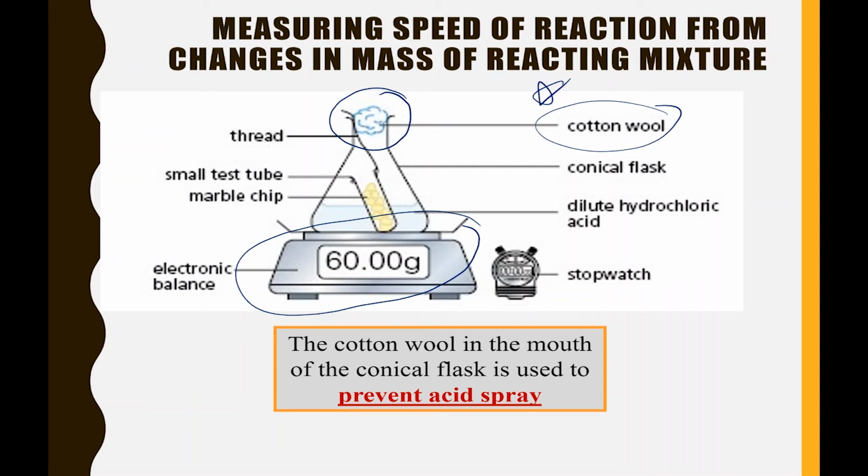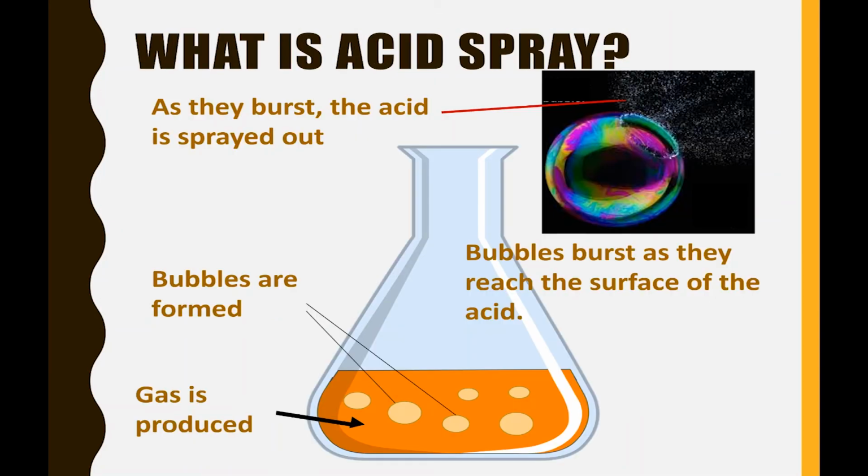Now, when the reaction is happening, if you look at the bottom, your gas is being produced. So what gas is being produced here? CO2. So as CO2 is produced, the gas is trapped in the liquid and bubbles are formed. And as the bubbles reach the surface, they will burst. And when they burst, the acid will be sprayed out, as you can see in this diagram.